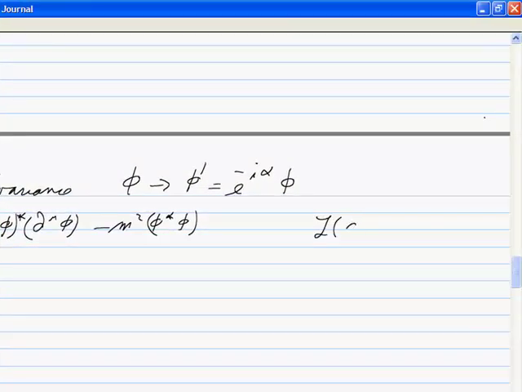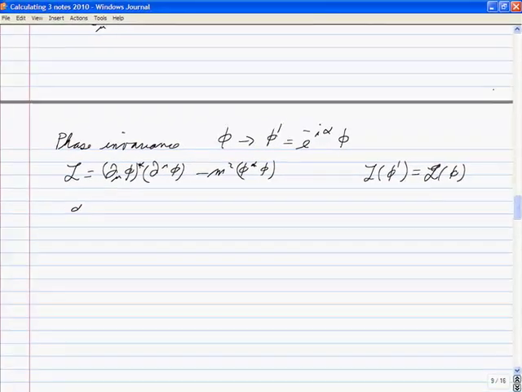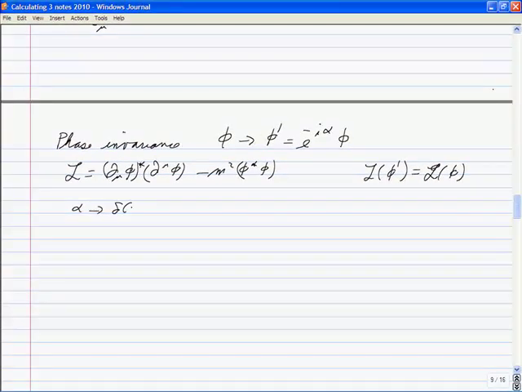So the Lagrangian is a function of phi prime, is the Lagrangian as a function of phi, because that phase drops out. Okay, but now I let alpha turn into delta alpha of x. Then phi prime is (1 − i δα(x)) phi(x).